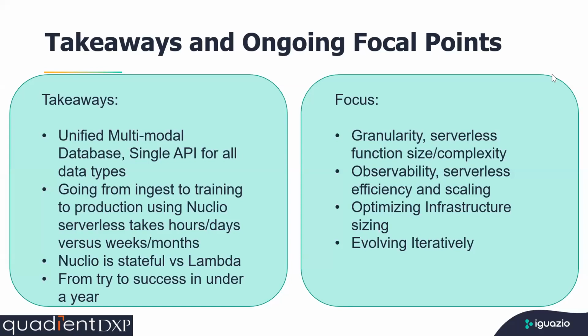by leveraging the abilities afforded by the Iguazio platform, we have been able to unify this multi-model database. We have a single API for accessing the data, whether it's from a stream or from live data sources. We can go from ingest to training to production in hours and days versus weeks and months.